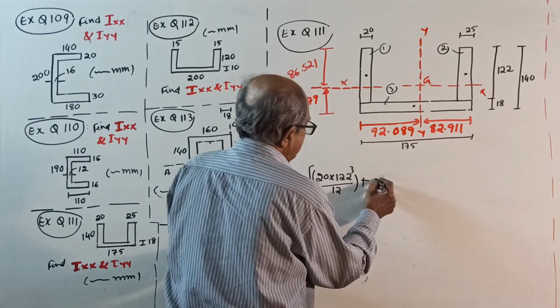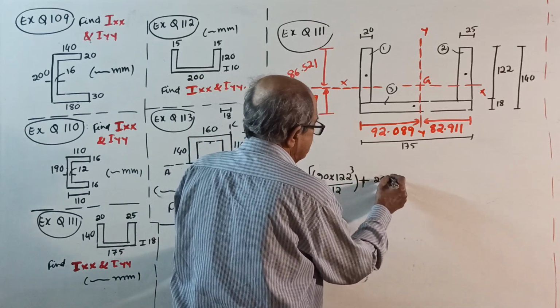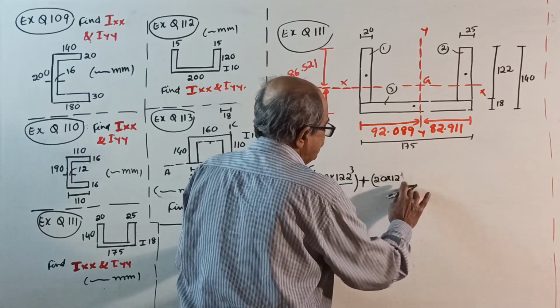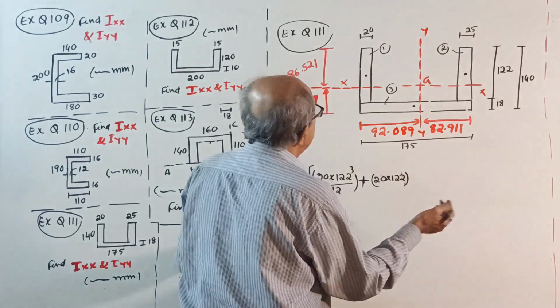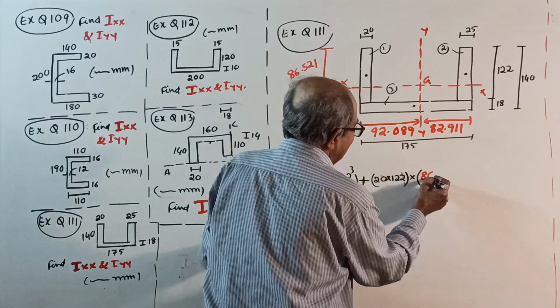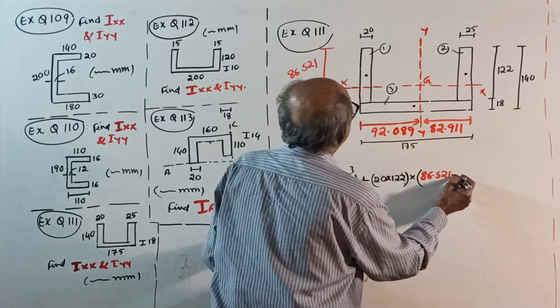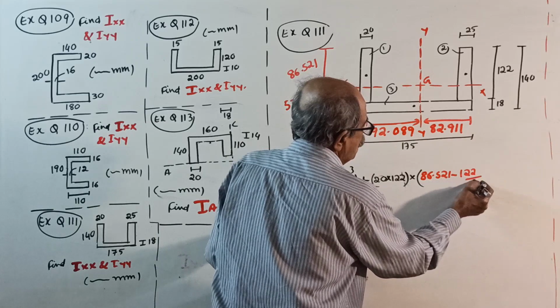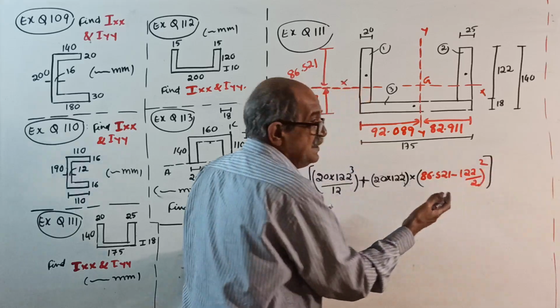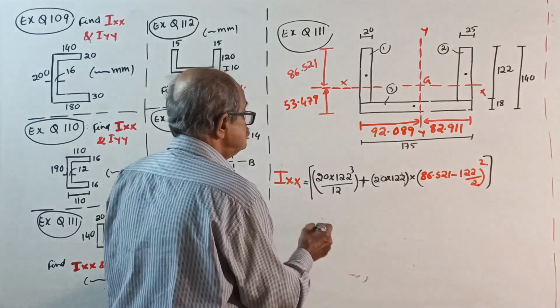Plus 20 into 122 into 86.521 minus (122 by 2) whole square. Once you get the practice and grip, you can also do like this without thinking. Structural engineering. Exercise questions I am giving are actually a bonus for you.